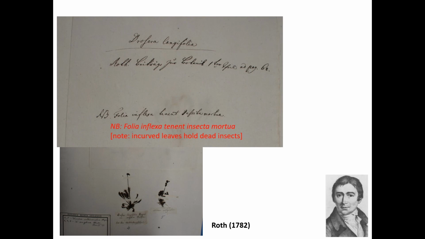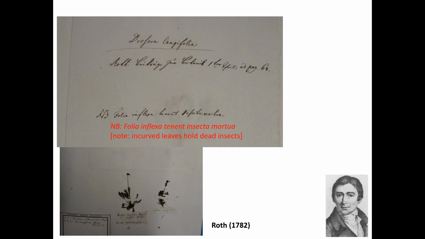Latin for: note, the incurved leaves hold dead insects. So he clearly wrote this on the herbarium specimen he collected. He wrote an ecological observation he made, probably on the living plant, of course, before he collected them, but he communicated this to his contemporary colleagues, botanists, by this herbarium specimen.